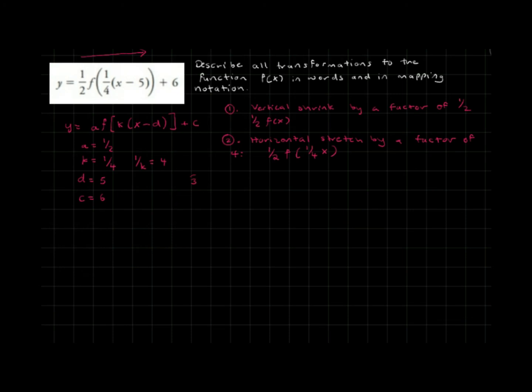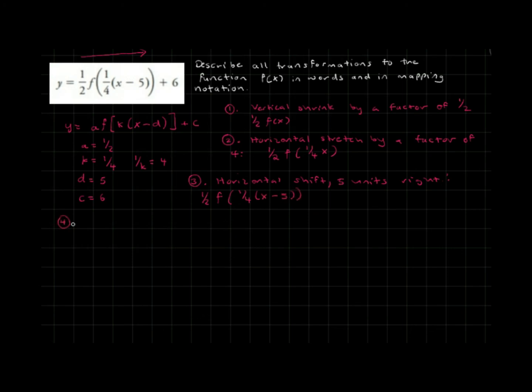Our third transformation is a horizontal shift 5 units to the right. We can write this as 1/2 f of 1/4 x minus 5.